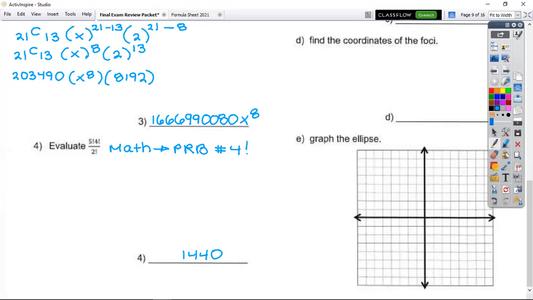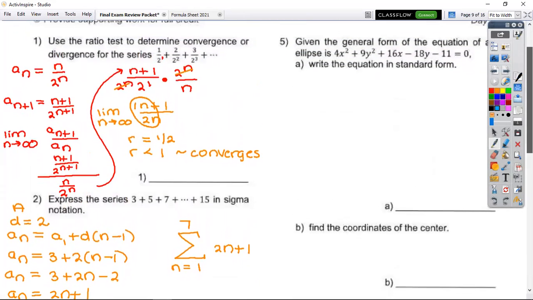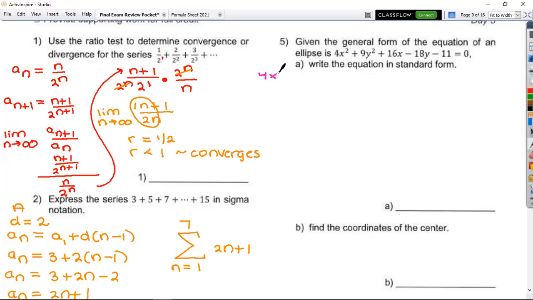Okay, so back up to the next column now. Write the general form of the equation of an ellipse. All right, so to do your ellipse, this is going to be a completing the square question. So I need to get the 4x squared together with the 16x plus the 9y squared minus the 18y, and I'm going to take my constant and place it on the other side.